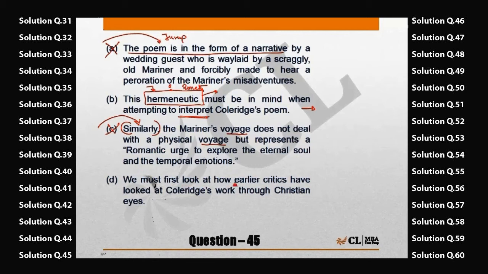D. We must first look at how earlier critics have looked at Coleridge's work through Christian eyes. Now if you look at this option, it starts by saying we must first look. When we say we must first look, he should have completed something and be starting a new chain of thought. So between options B and D, you want to pick option B, because that continues with the flow.